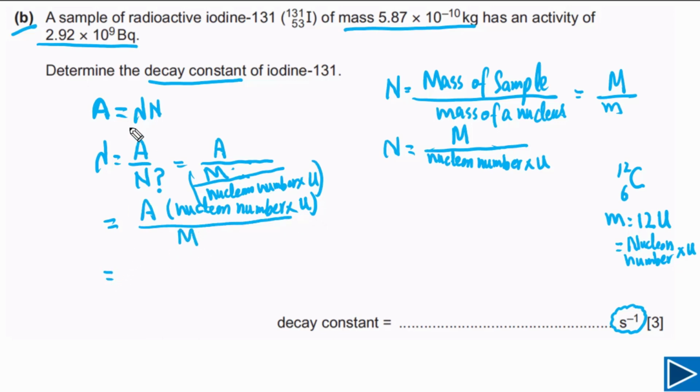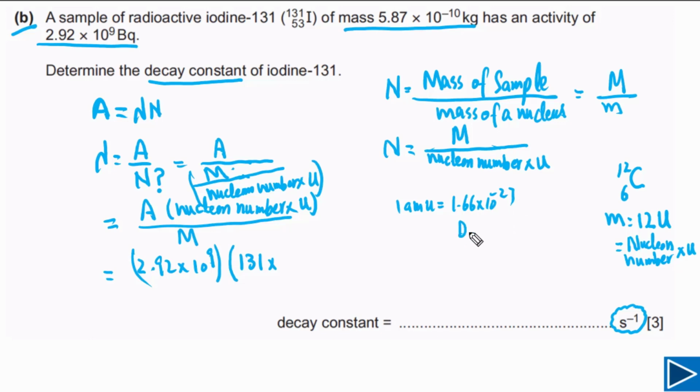Now the activity of the sample is given, that is 2.92 times 10 to 9. And the nucleon number of this nucleus is given, that is 131, and u is 1 amu. And 1 amu is simply equal to 1.66 times 10 to negative 27 kg.